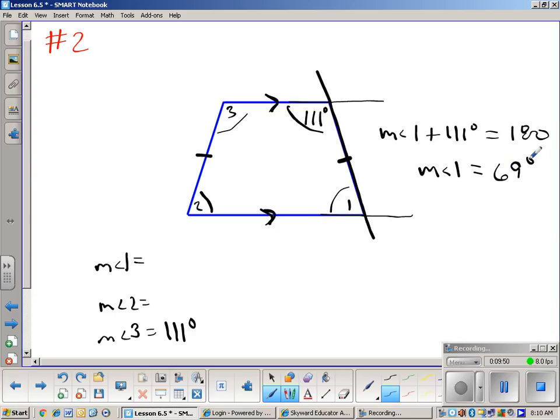So measure of angle 1 is 69 degrees. Do I have to calculate measure angle 2? No. What is it? Because base angles are congruent. So 1 and 2 are a pair of base angles, so they're congruent. Okay? Good. Any questions on that?